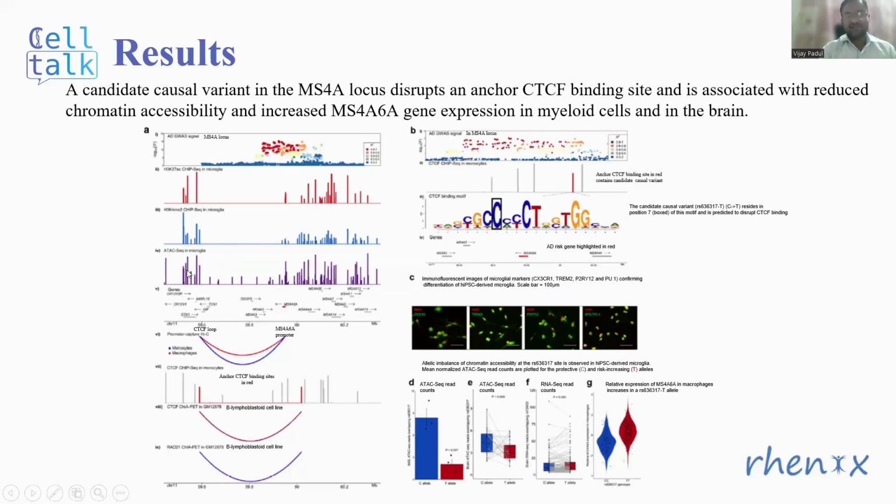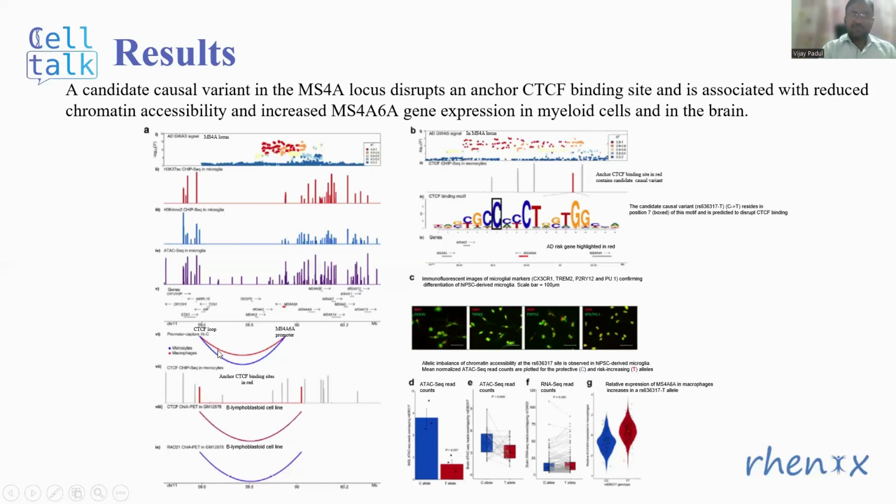These genes are accessible in the chromatin. The multiple genes that are located in this particular locus, and the candidate gene shown in red. And further, they see the interaction between this CTCF loop and the promoter of this gene, MS4A6A, and they show that there is an interaction.